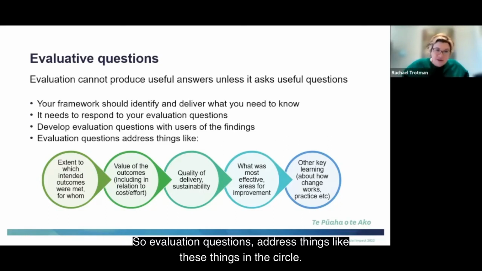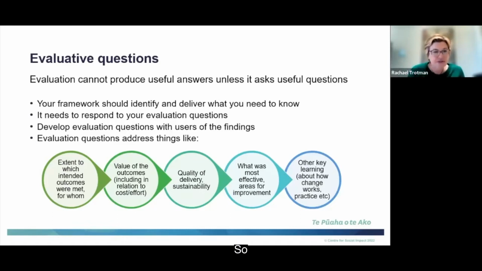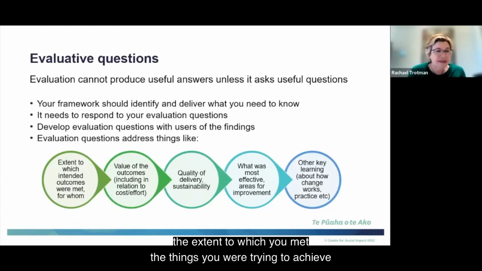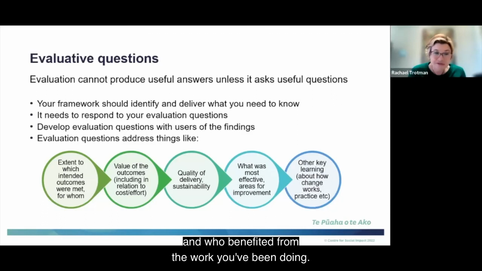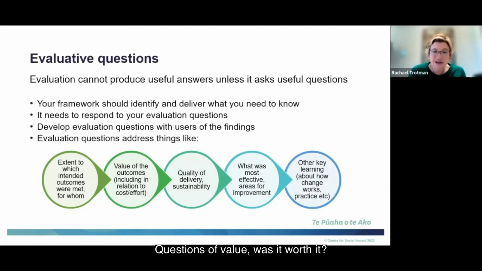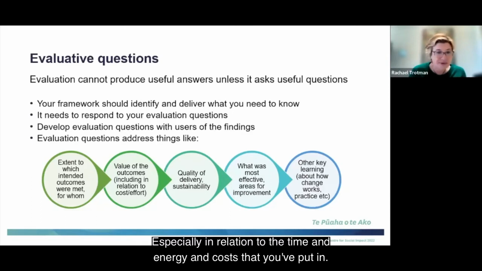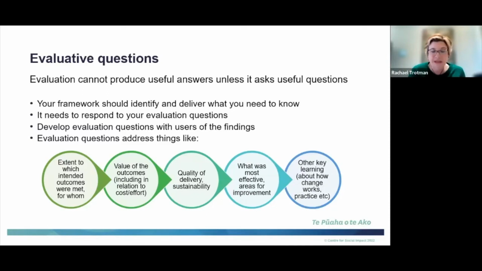So evaluation questions address things like these things in the circle. So the extent to which you met the things you were trying to achieve, and who benefited from the work you've been doing. Questions of value. Was it worth it, especially in relation to the time and energy and costs that you've put in?